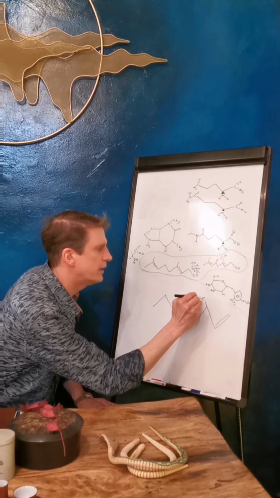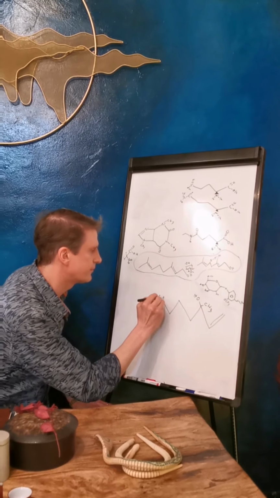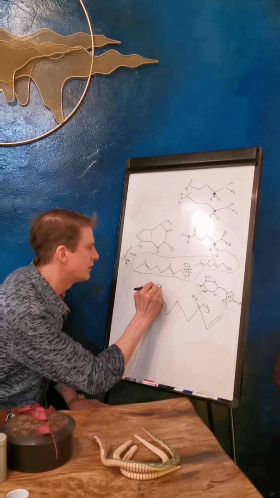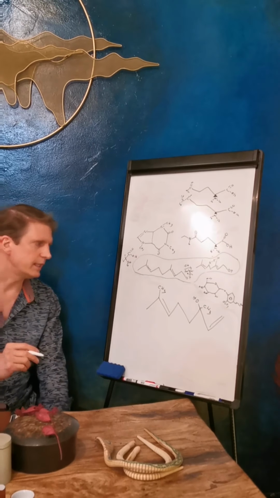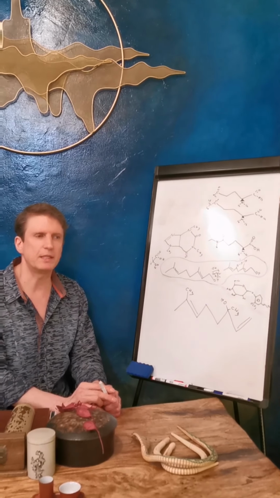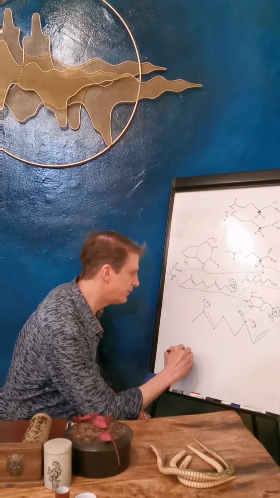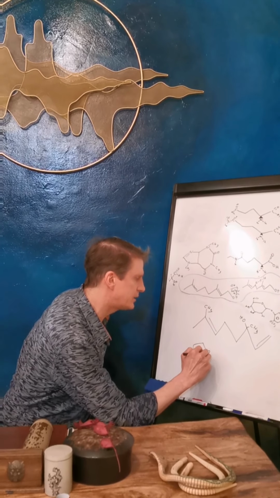Okay, this one is called linalool. Linalool is a really floral molecule that has notes of citrus peel and wildflowers. It smells just great. This next one is jasmine lactone.